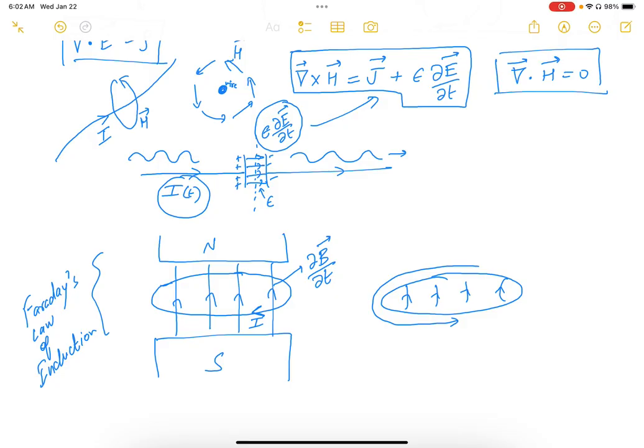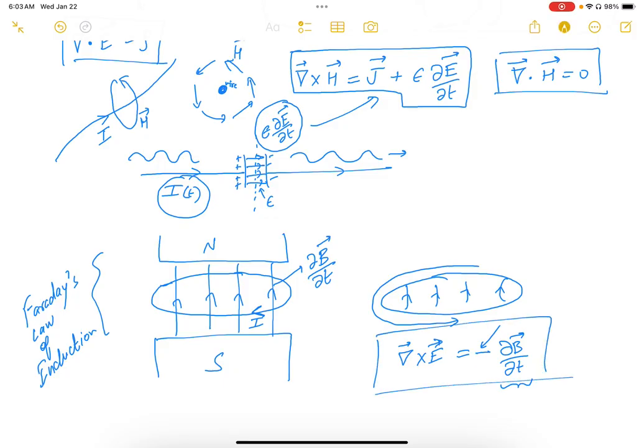So the curl of the electric field is generated by a time varying magnetic field, and the negative sign indicates that the electric field curl is set up in such a way that the currents it generates oppose the original applied time varying magnetic field, which is often called Lenz's law.